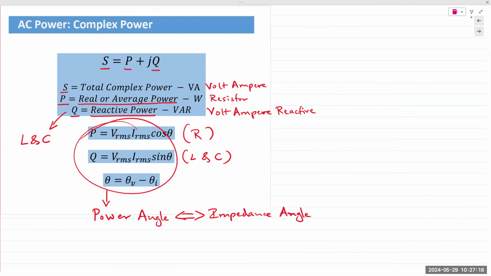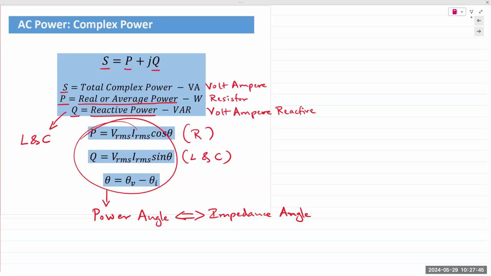These equations you can apply to any component: a resistor, an inductor, a capacitor, or any source. If it's a resistor, it's only P. If you have the resistor voltage and the resistor current, you can find P. Or if you have the inductor voltage and inductor current, you can find Q. So again, either set of equations is fine. You decide which one you want to use.